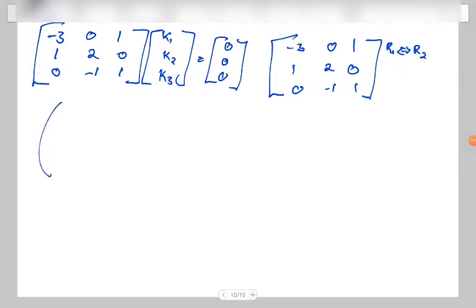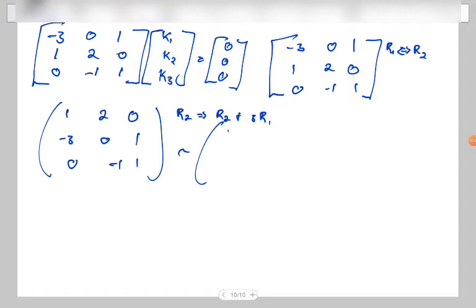And now I can say row 2 will turn to row 2 plus 3 row 1. You can see when you multiply this by 3 you get that. So this is going to give me 1 2 0 and 0, row 2 which is 0 plus 6 from this one when you add these two, and then this is going to be plus 1. So this is still the same as 1 minus 1.